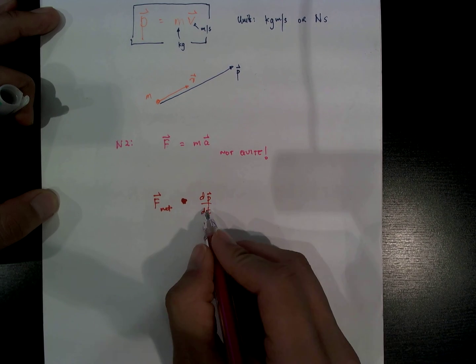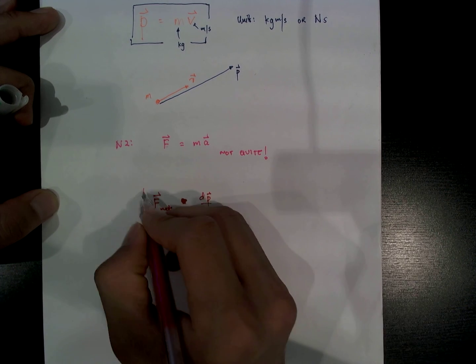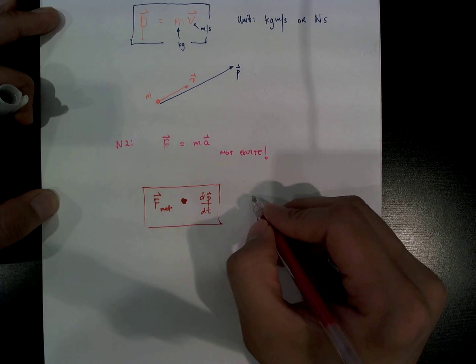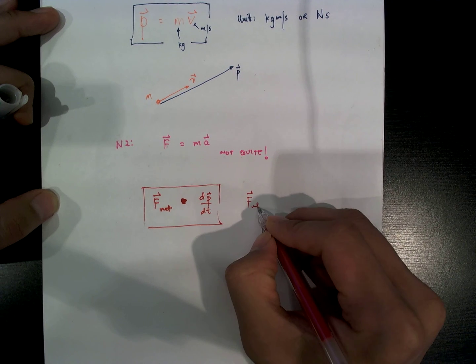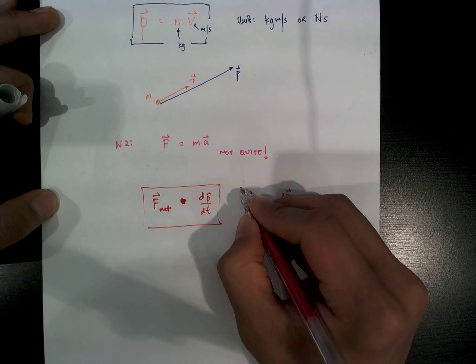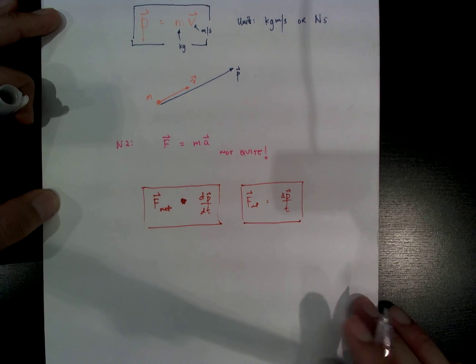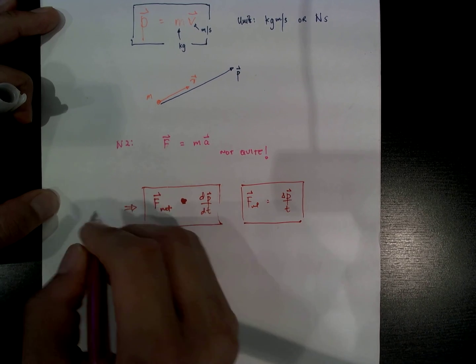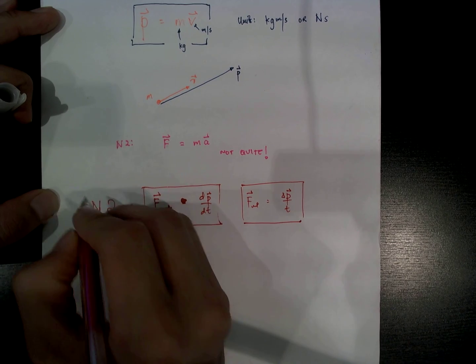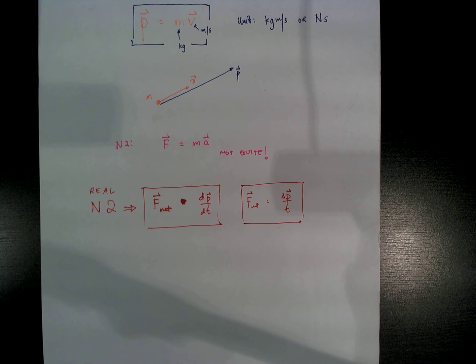Don't worry if you're not familiar with the differential notation here. I can also write this as the net force being just the change in momentum over the time over which that change happened. Now this is the real Newton's second law, not F equals ma. And I'll show you in a minute why this is.